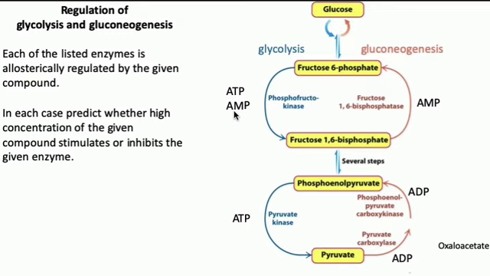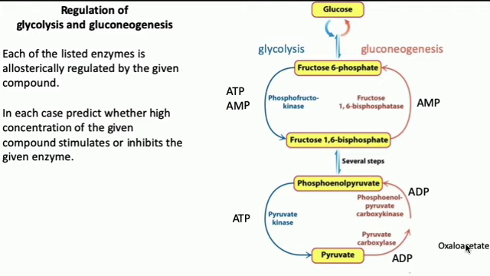The same for AMP, the same for ATP's effect on pyruvate kinase, ADP's effect on phosphoenolpyruvate carboxykinase and on pyruvate carboxylase activity, and the effect of AMP allosterically regulating fructose 1,6-bisphosphatase activity. Spend a couple minutes thinking about this, but if you're finding yourself getting bogged down, on the next slide I have some clues.